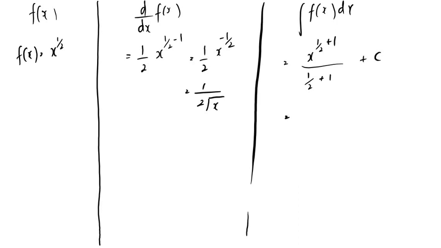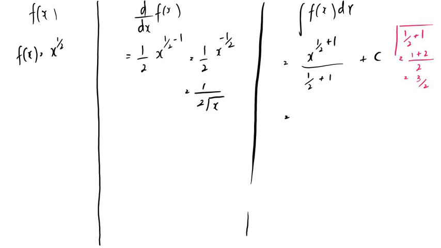That's a constant. Let me do this in a different color, let's do it in red. So half plus 1 is equal to 1 plus 2 over 2, that's 3 over 2.